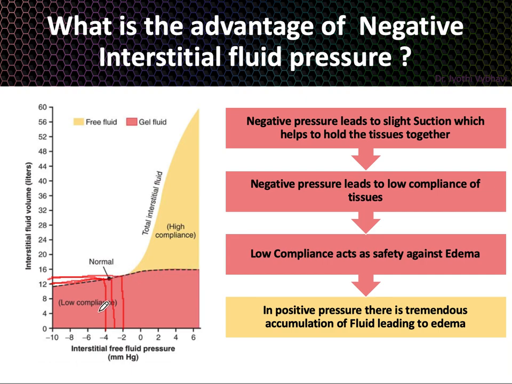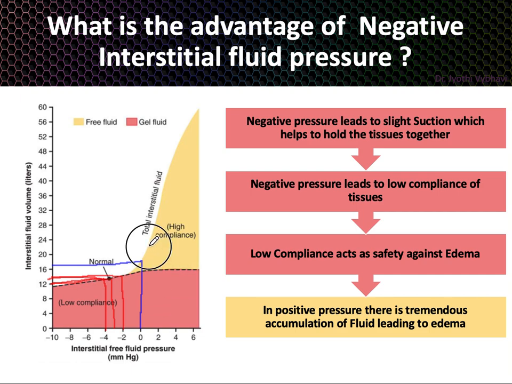So if the interstitial fluid pressure was positive, let's take another color. For example, at 0, maybe the volume was around 17 liters. For each millimeter change, what is the volume change?